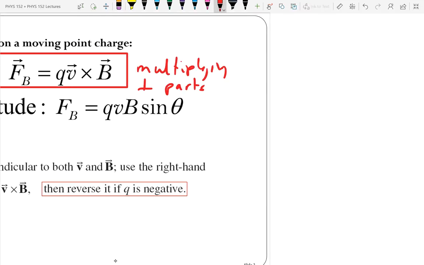So if I have a particle with its velocity like this in a region where the magnetic field is like this, then defining the angle theta as the angle between the magnetic field and the velocity, I can find how much of V is perpendicular to B or how much of B is perpendicular to V. So it's going to be the same calculation. You tell me, which one do you want to take as my reference, V or B?